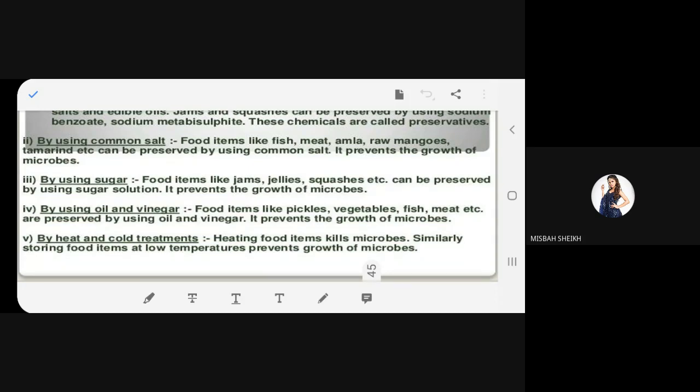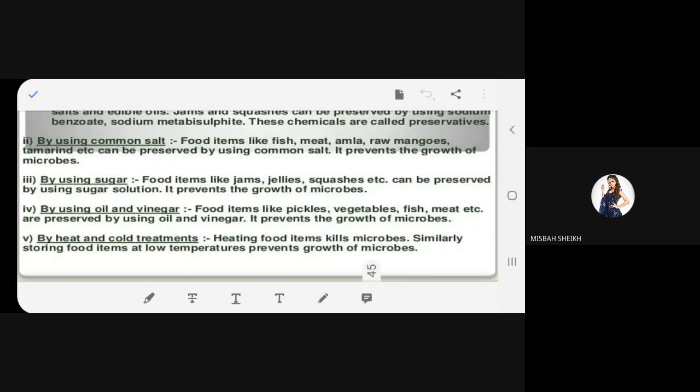Tamarind also, to keep it, you have to put salt so that it does not go bad. What is tamarind? Amli. Got it? So we can preserve all these items by adding common salt to them. Why? Because when we put lots of salt, it does not allow microbes to grow.